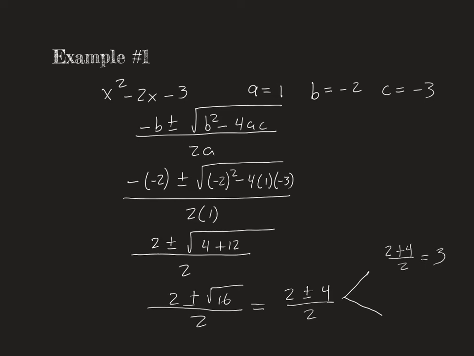And the next one is 2 minus 4 all over 2, and this is equal to negative 1. So the two roots that you're looking for are x equals negative 1 and 3, and that will be your answer.